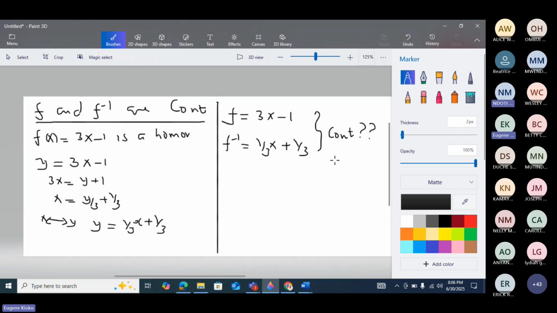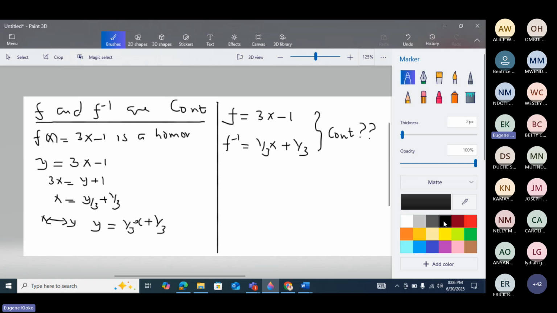What is the definition of continuity? Continuity we test for openness. And there's something I've just told you right now. If the power is odd, we have seen power 3 odd, power 5 odd, power 1 odd.